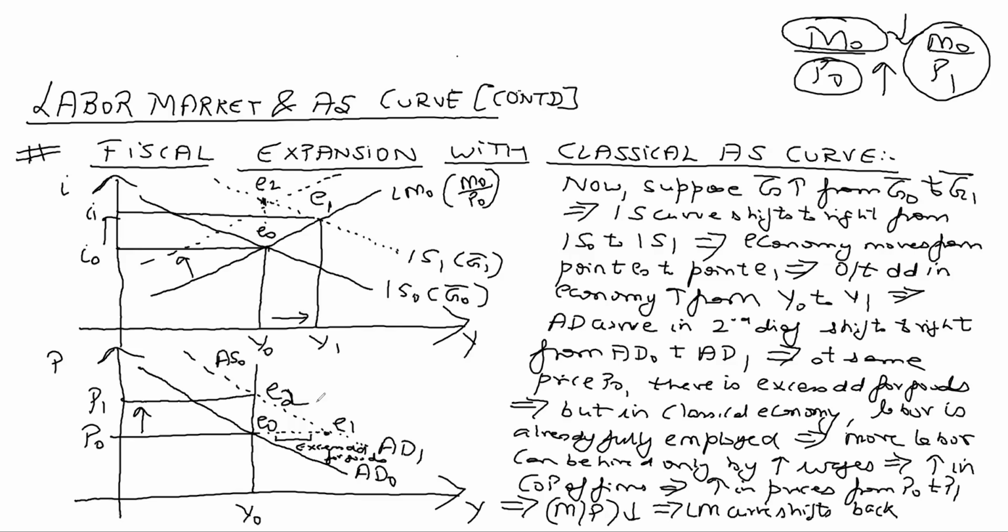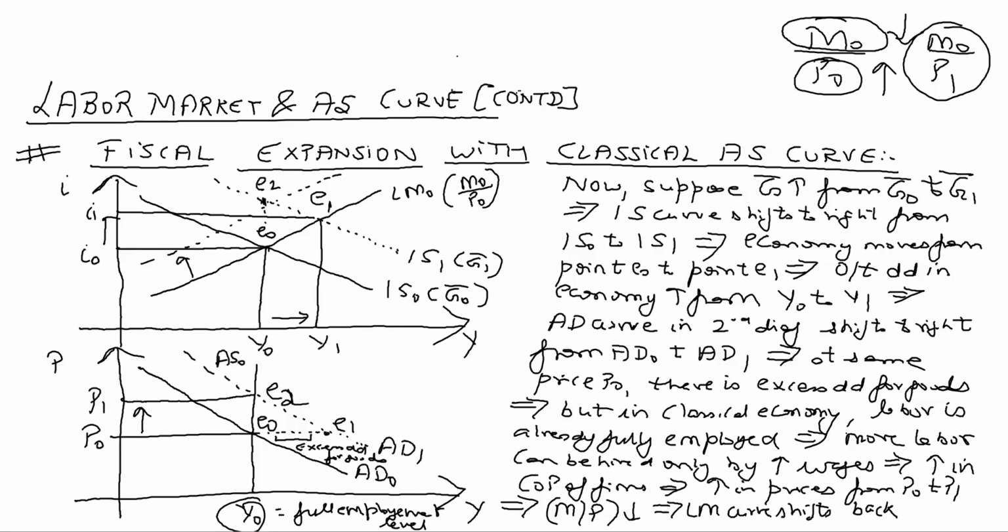So I once again repeat the whole story. Initially, the economy was at full employment level of output. Y0 is the full employment level. When government expenditure goes up, the IS curve shifts to the right.